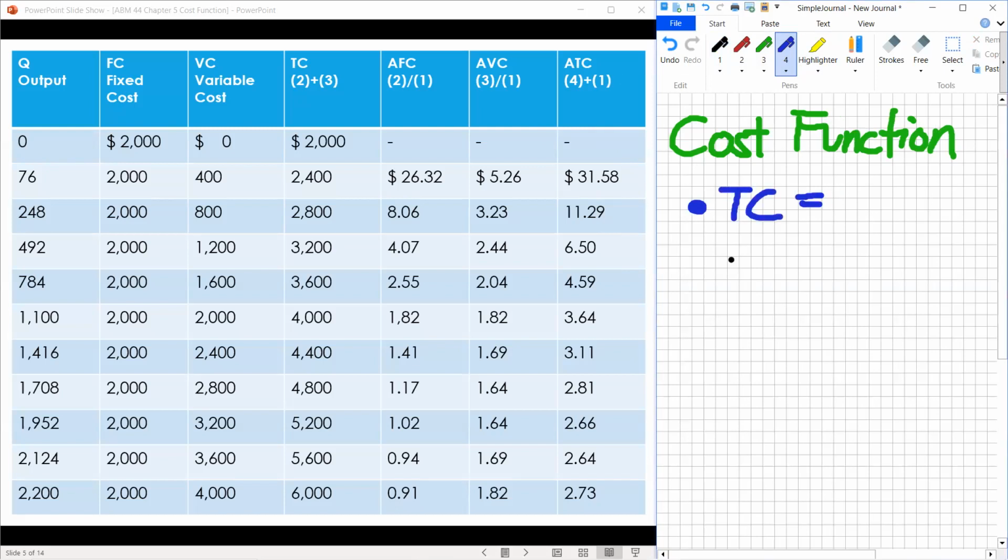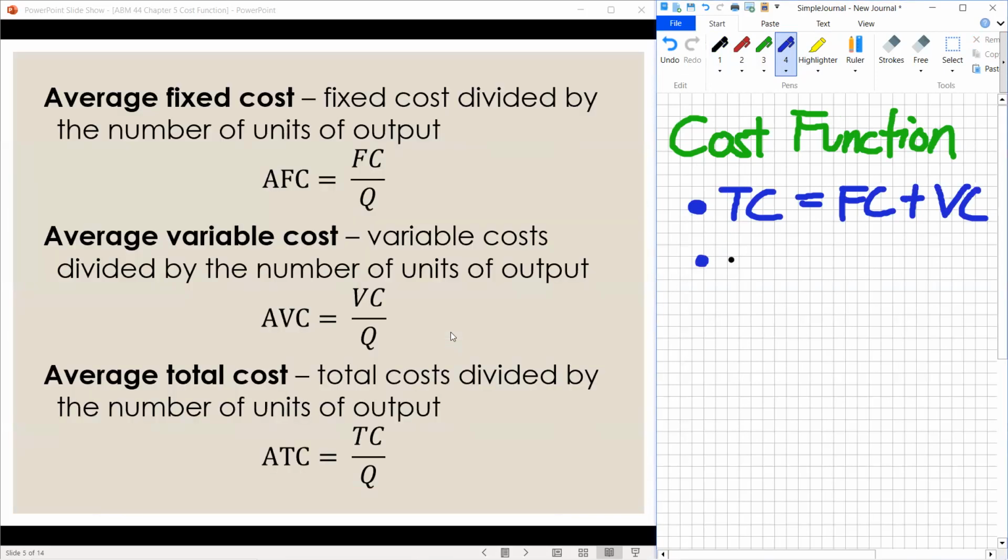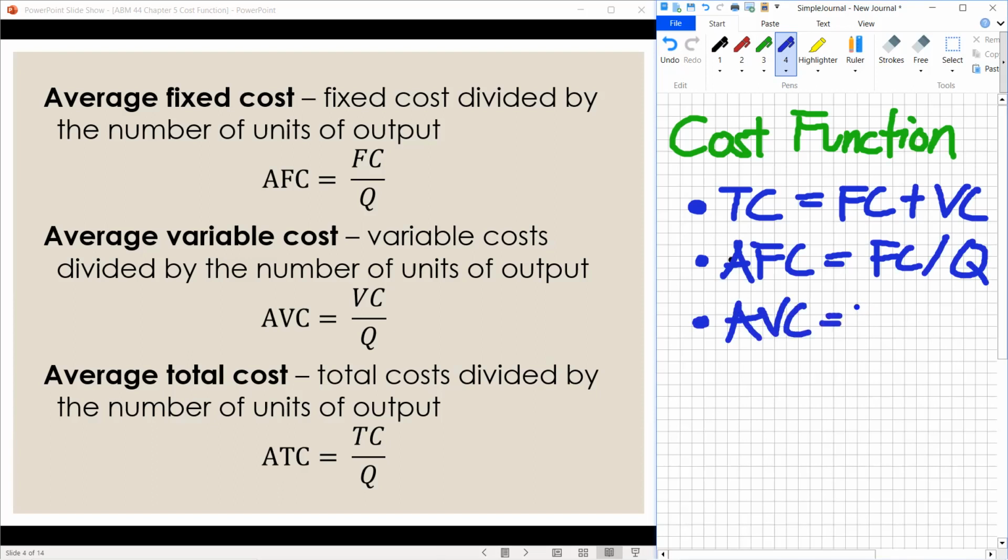Total cost is equal to fixed cost plus variable cost. The next formula we'll need to know is the average fixed cost. AFC is equal to FC divided by Q, while average variable cost is VC, variable cost, over quantity.